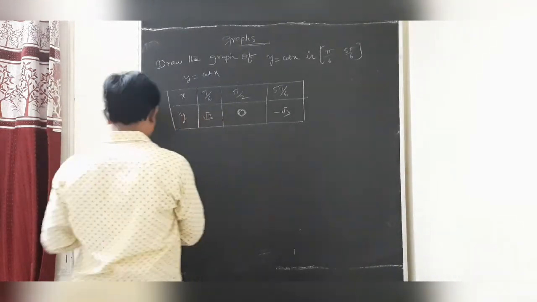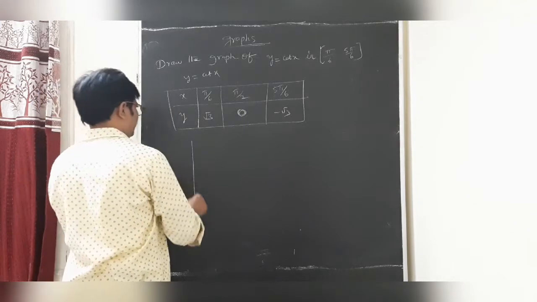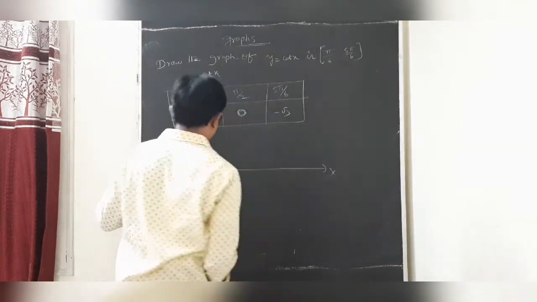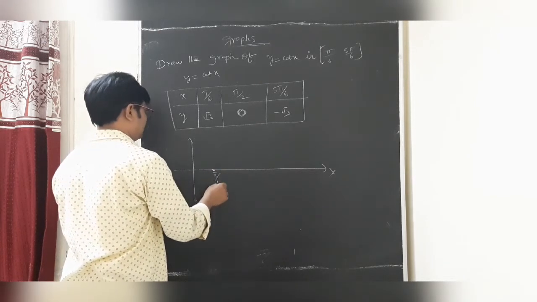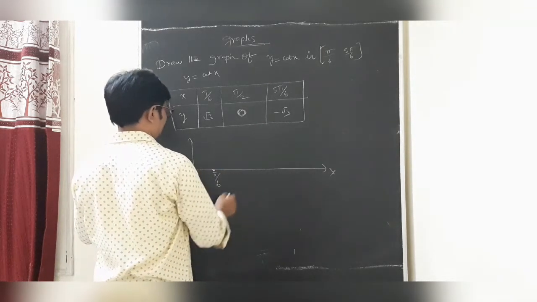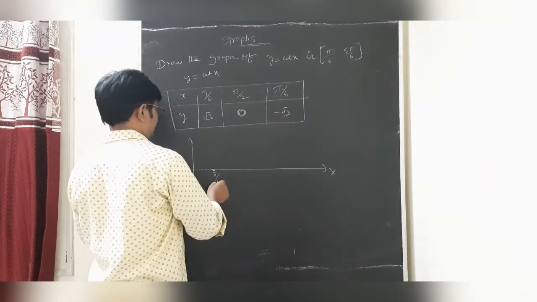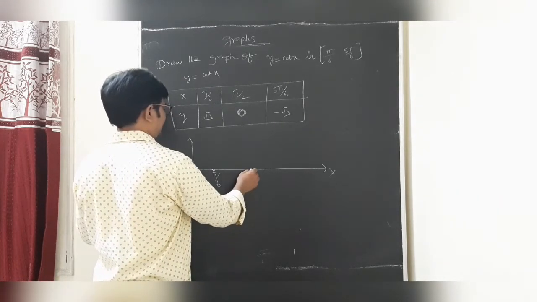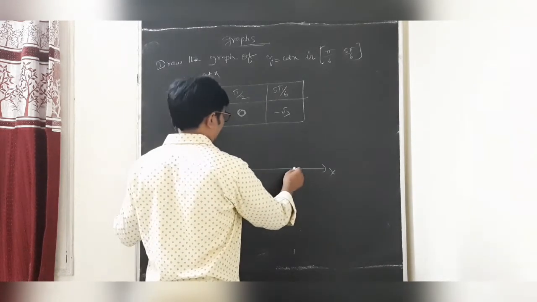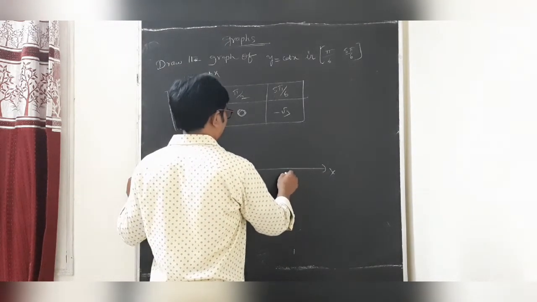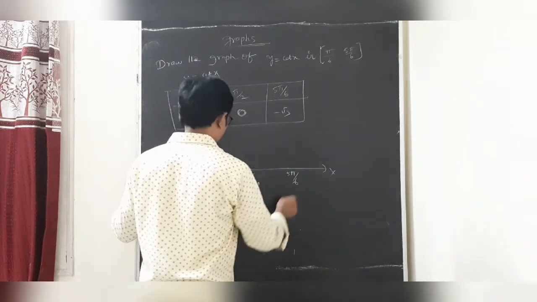So write down, students, what is this? This is the x-axis. This is the 30, 60, 90, 90 plus 30, 120, 120 plus 30, 150. This is pi by 6. Is it clear students?